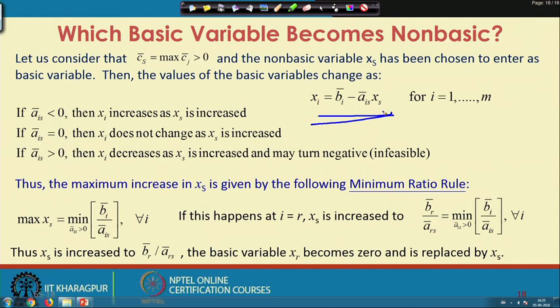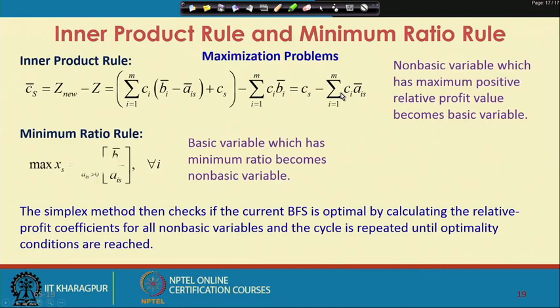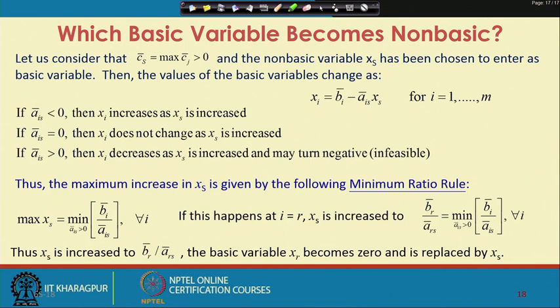So, if I put xs equal to bi bar divided by ais bar, xi will be equal to 0. Beyond that, if I increase, it will become infeasible. So, we have to find the ratio of bi bar divided by ais bar, and then minimum of that will give me the maximum increment in xs.